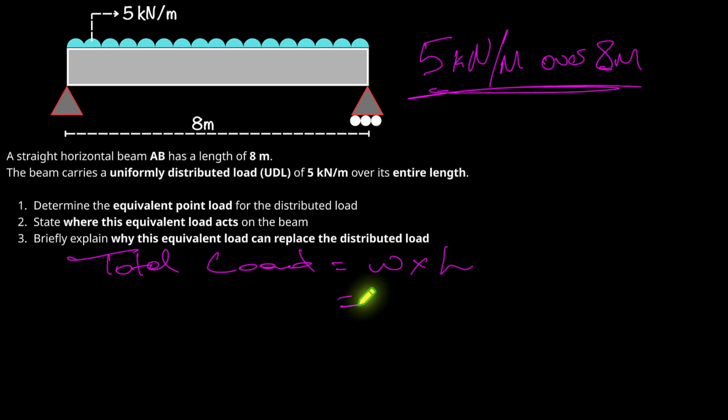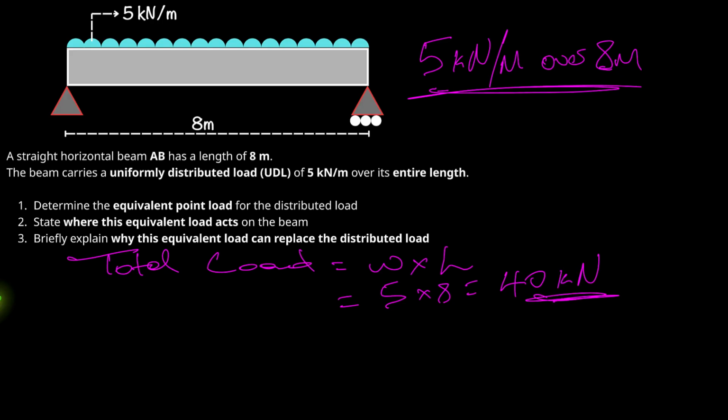So this would give us 5 multiplied by the length of the beam of 8. And you will notice the difference as well, where this as a unit is now 40, but the unit is kilonewton. So this is now converted to a force.